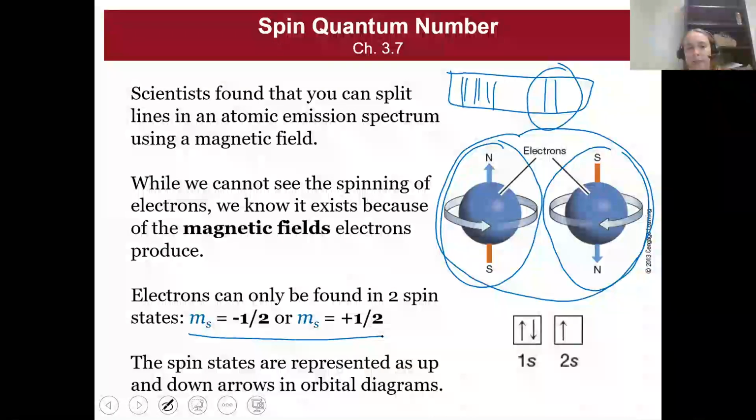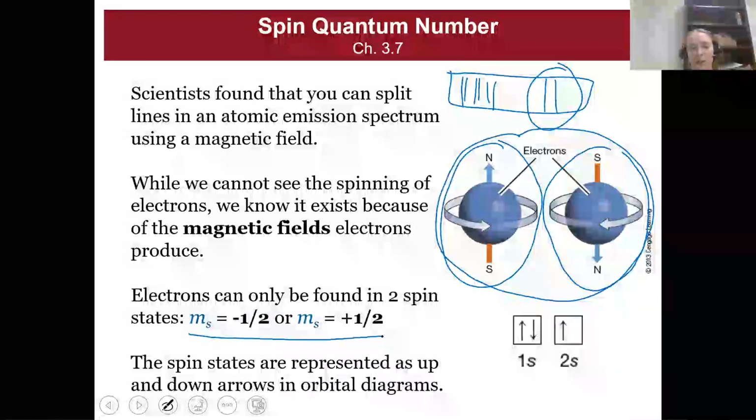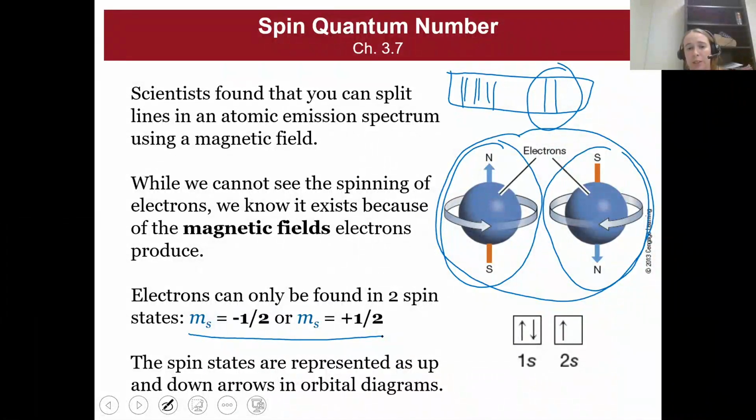And I think the 1/2 is a pretty arbitrary number that they came up with, but it adds up to 0, so that they cancel each other out. That's the important thing, is that they're the same thing.